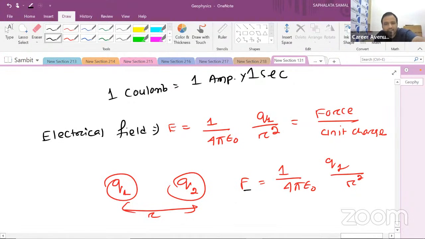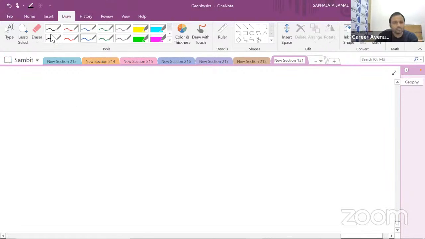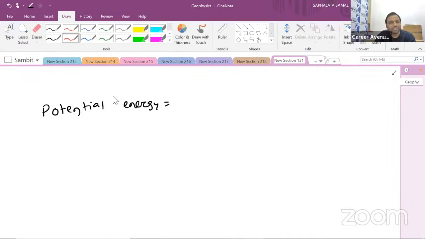Similarly, I have potential energy, electrical potential energy, which is equal to force into displacement.